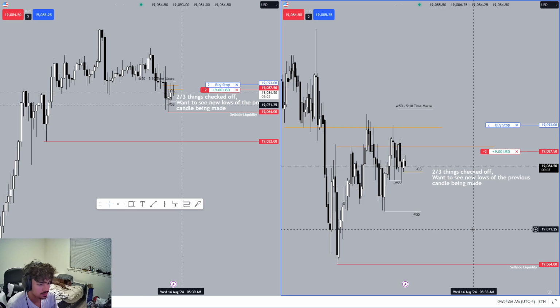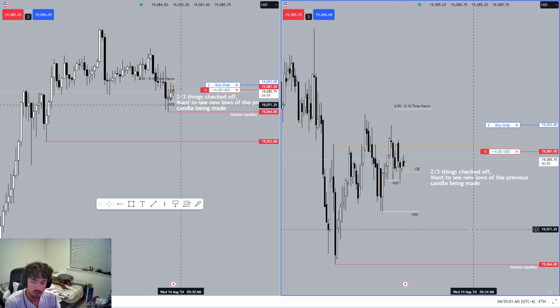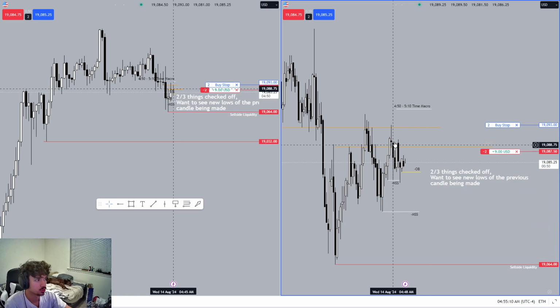The last 10 minutes of every hour and the first 10 minutes of every single hour are crucial of what the algorithm is telling price to do and where it's going to head next. So we want to see respect of very certain key PD arrays blended with time to yield us our results.